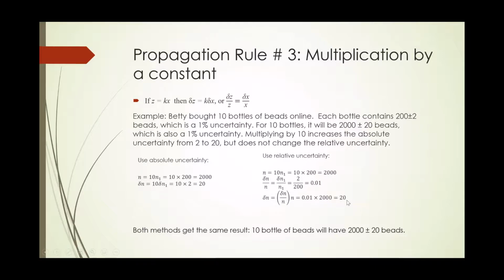So it doesn't matter which form of rule number 3 you use, you're going to get the same result, 2000 plus minus 20 bees. Sometimes it's more convenient to use rule number 3, but if you never use rule number 3, and you always just use rule number 2, you're actually okay.